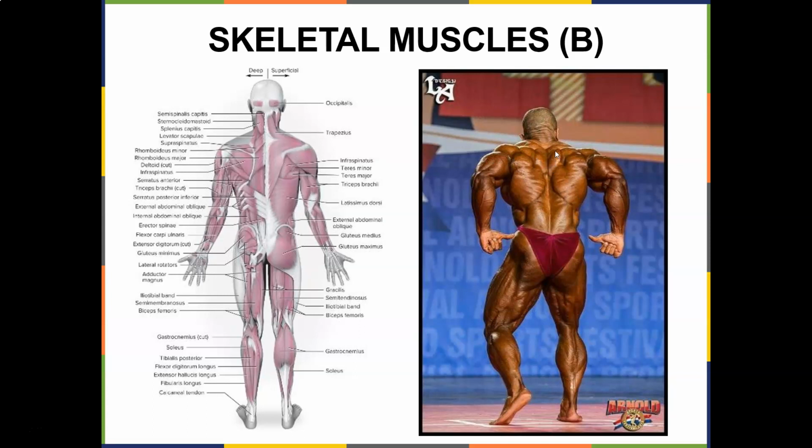Rhomboid major, rhomboid minor, deltoids, triceps, glutes. You got the hamstrings in here, semimembranosus. Okay, biceps femoris. This is just an introduction. We're going to just do the head and neck today, and then we'll get more specific to gastroc and soleus.